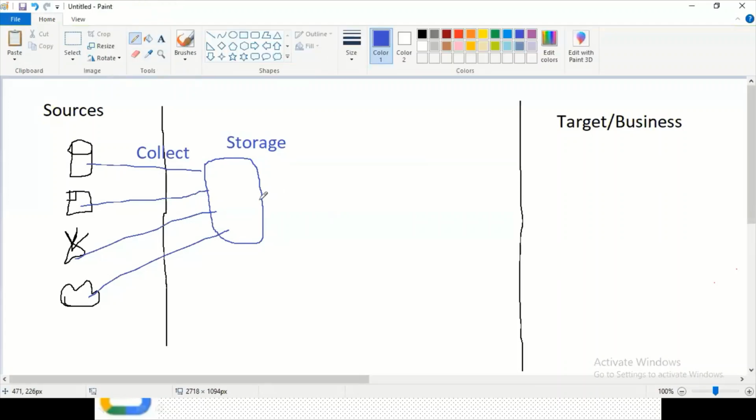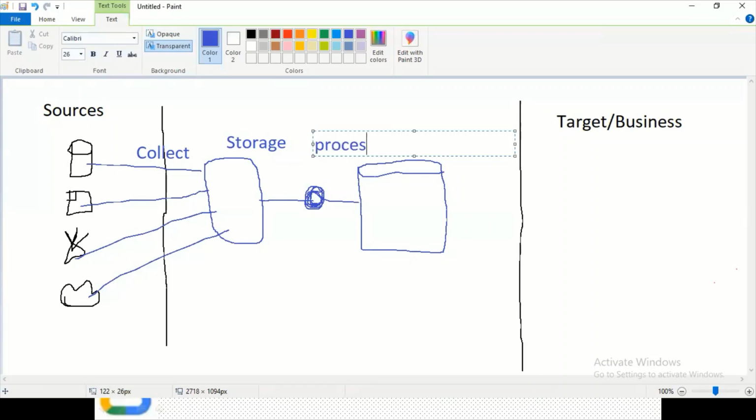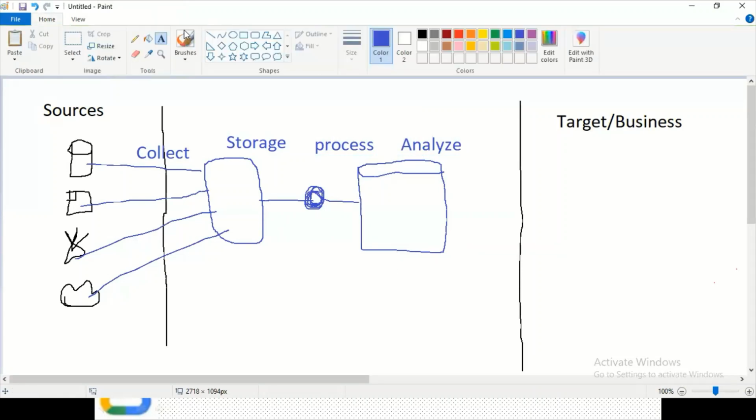After storing the data, we process it, and then we store it into the data warehouse. This is called process. And here we will analyze. This is called the data warehouse.